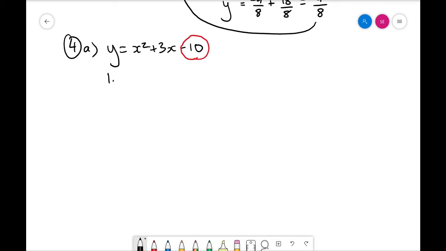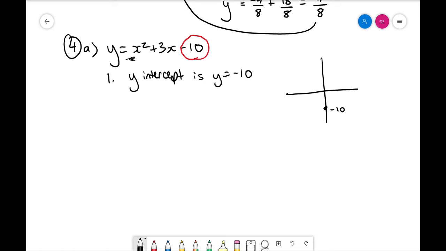That constant term. So the y-intercept is y equal to minus 10. Now, we know it's going to be a smiley face as well because it's got a positive coefficient, so we're expecting a smiley.